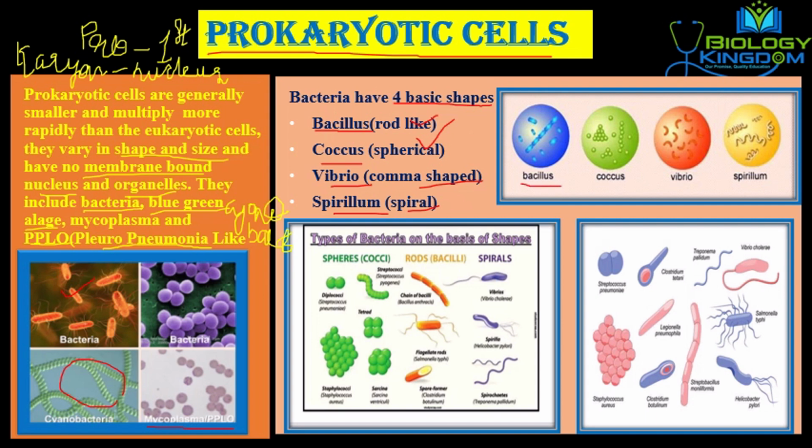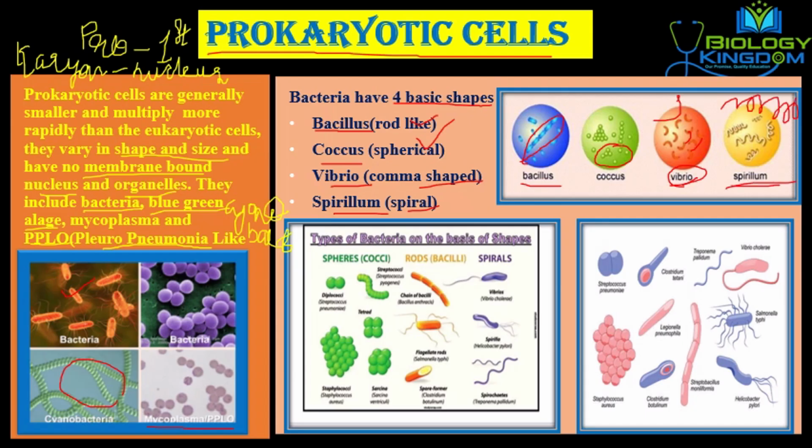Bacillus is in the shape of a rod, whereas coccus is in a spherical round shape. Vibrio is nothing but a comma shape. Whenever there is any comma-shaped bacteria, we call it vibrio. Next is the spirillum, which has rounded, rolled structures.